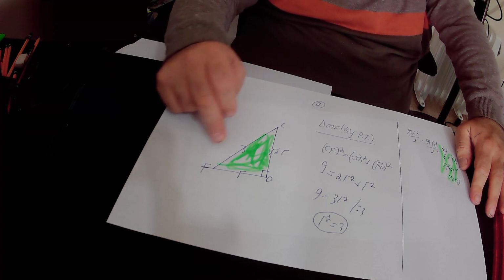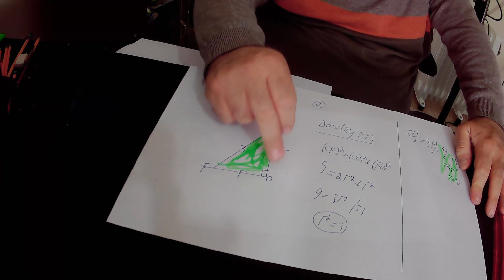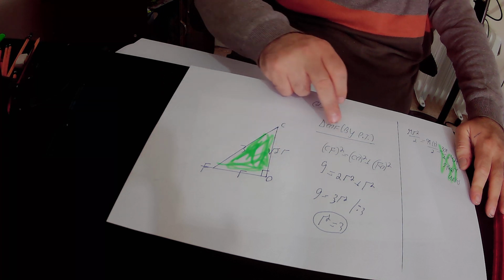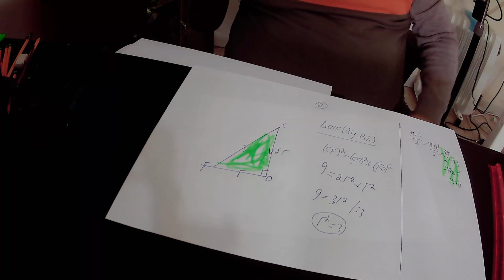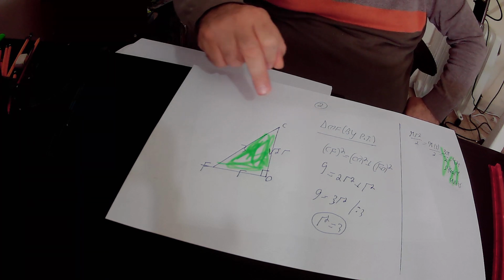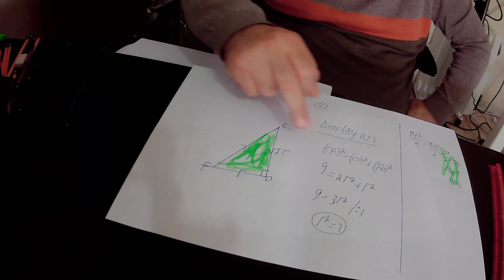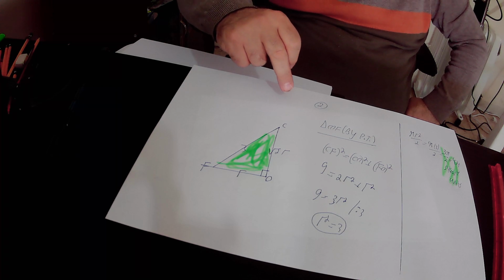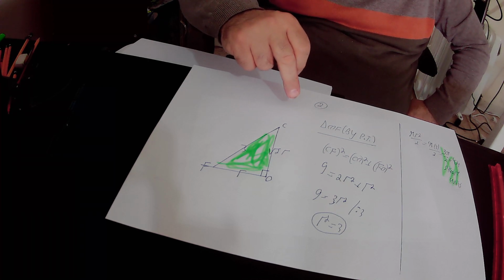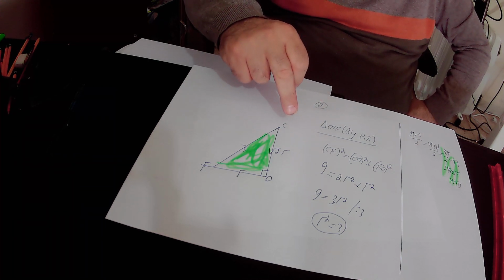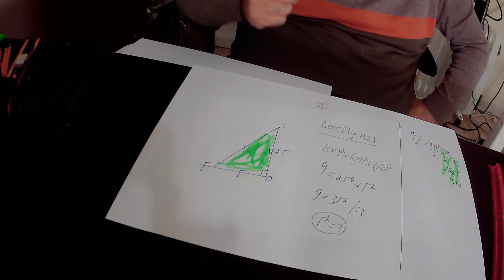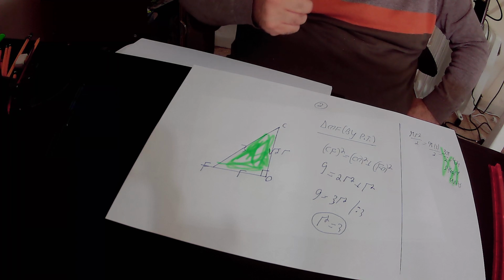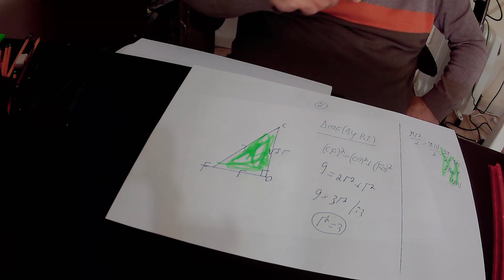That is to say, CF square equals CO square plus FO square. Here CF equals 3, so CF square is 3 squared, that is 9, and it is equal to CO square. CO equals square root of 2 times R, so CO square equals 2R square.